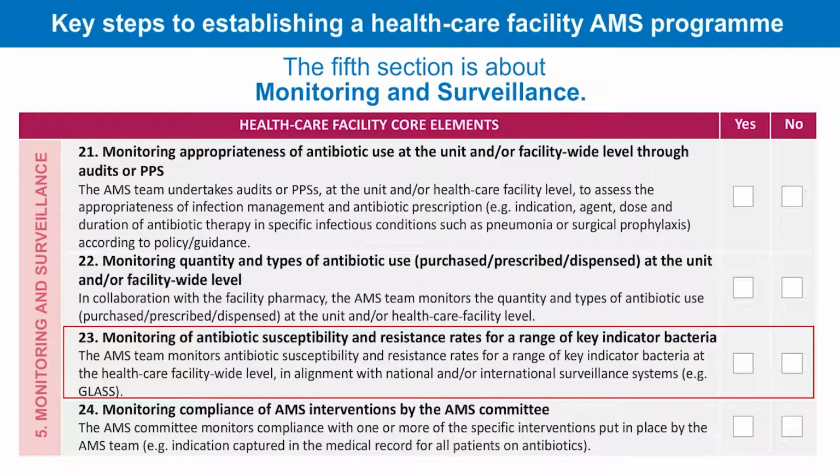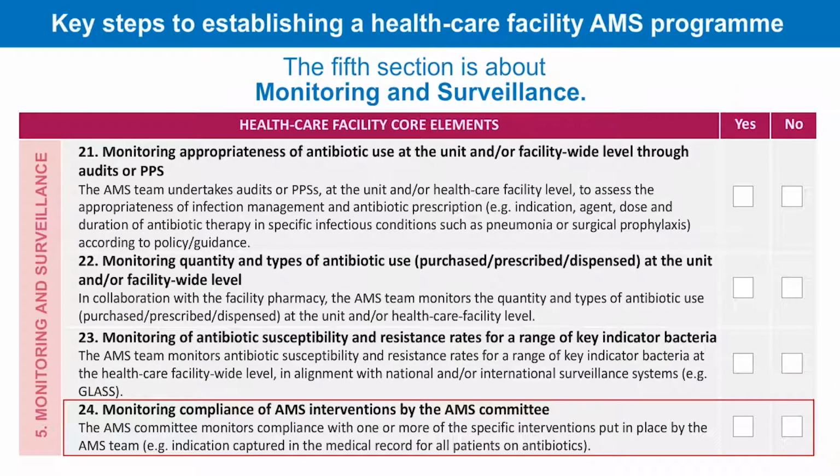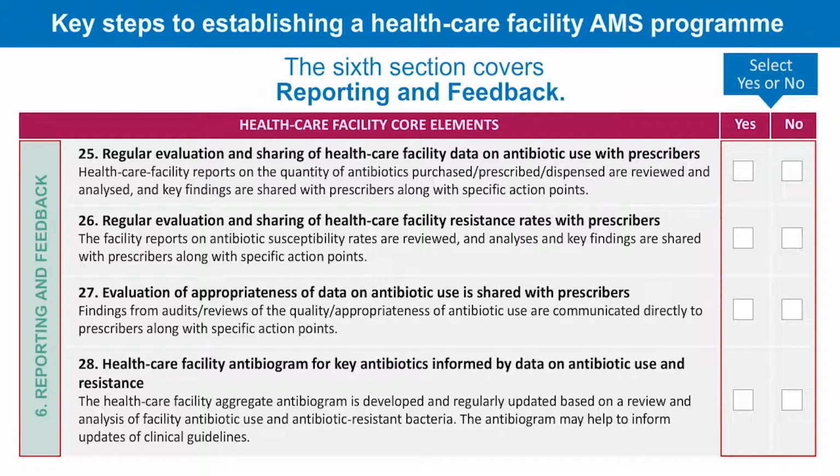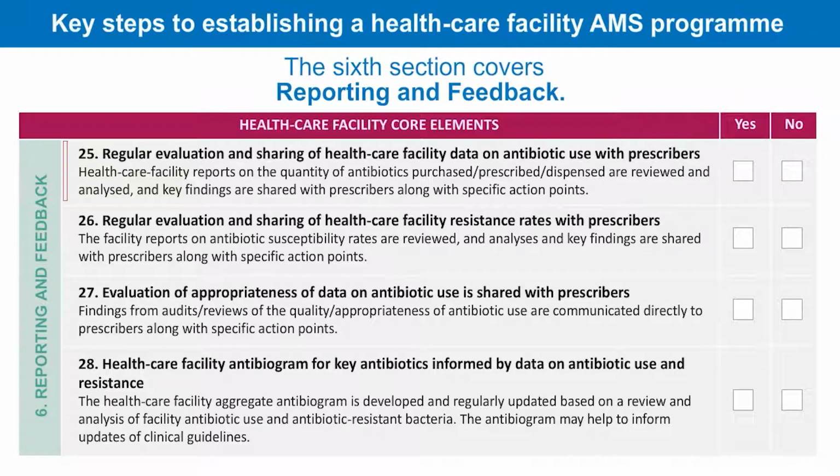23. Monitoring of antibiotic susceptibility and resistance rates for a range of key indicator bacteria takes place. 24. The AMS committee monitors the compliance of AMS interventions. The sixth and final section covers reporting and feedback. This includes the following. 25.